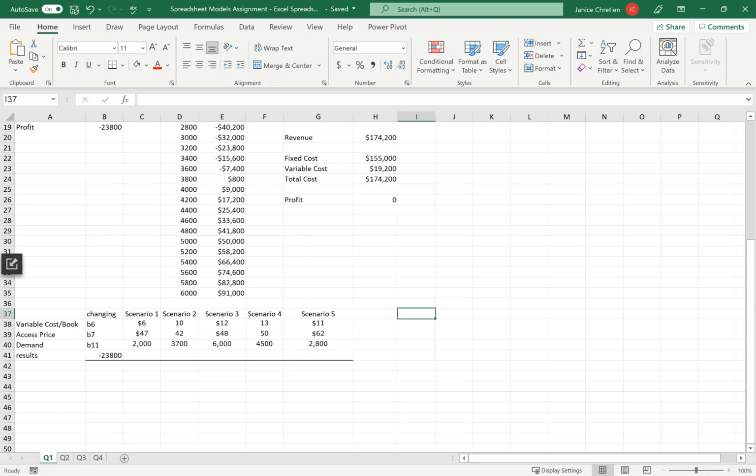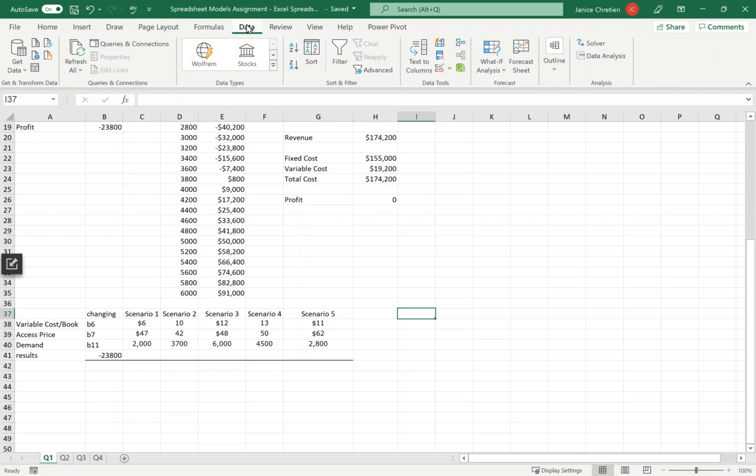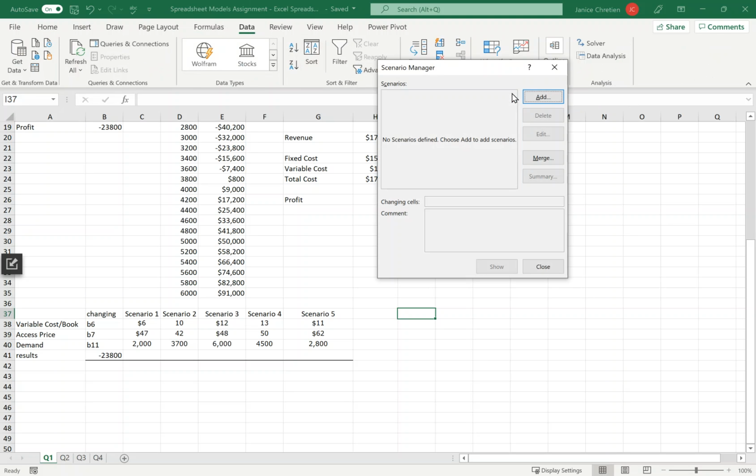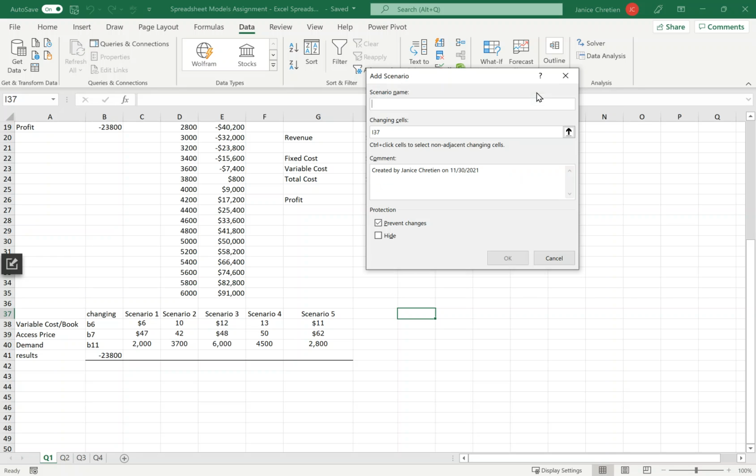You are going to go to Data, What if analysis, scenario manager. And you're going to add scenario 1. And your changing cells are going to be these that I wrote for you over here. So it's going to be B6 to B7, comma, B11.